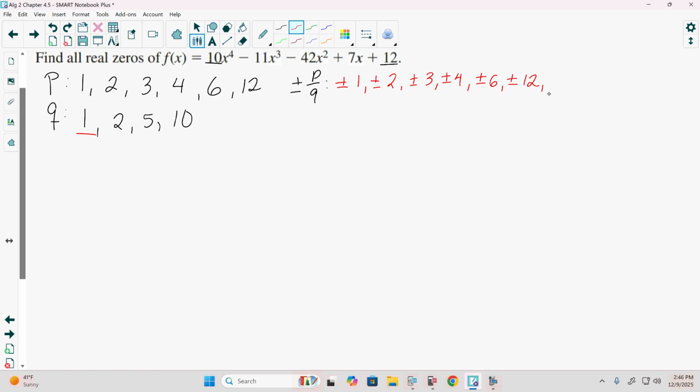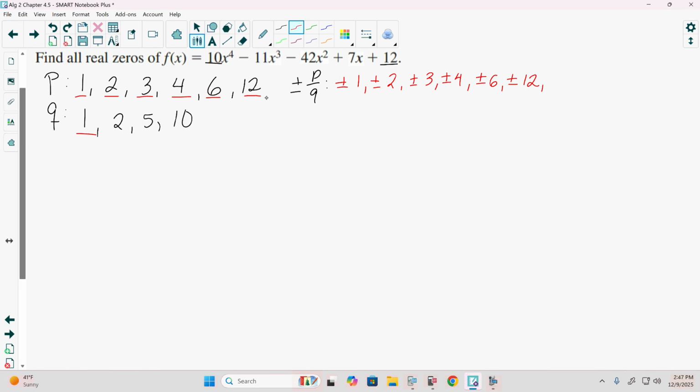Really, we just divided every P by 1. So 1 divided by 1 is 1. 2 divided by 1 is 2. 3 divided by 1 is 3. 4 divided by 1 is 4. 6 divided by 1 is 6. 12 divided by 1 is 12. Be good with the first step. Yes? Now we feel okay.